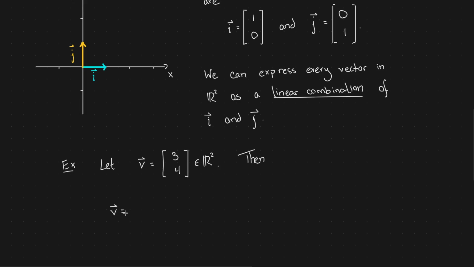Then v, which is 3, 4, what I'm going to do is think about the first component of my vector and the second component of my vector and separate them. So I'm going to break it into a sum of two vectors, where in the first vector only the x component is non-zero, and in the second vector only the y component is non-zero.